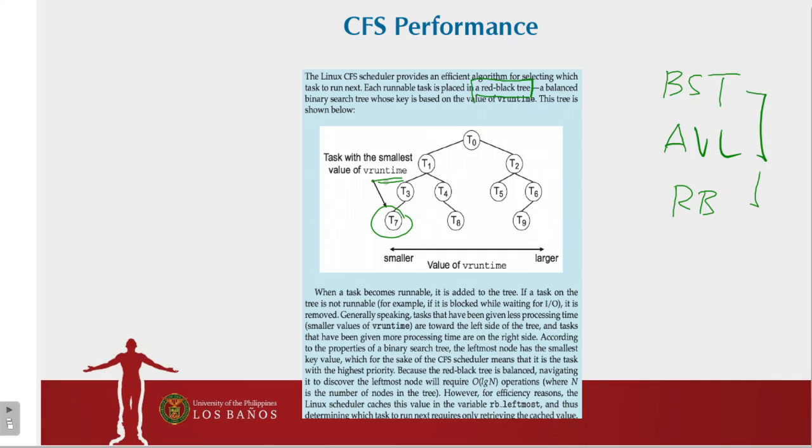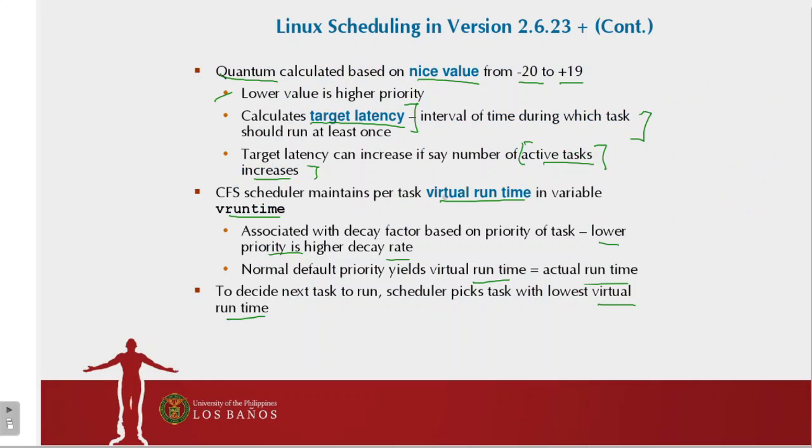After a while, the vruntime will be incremented and it will be added back again to the red-black tree for possible selection in the next iteration of the scheduling decision. So in a way, CFS actually improved the performance because all tasks are somehow given equal opportunity to use the processor.